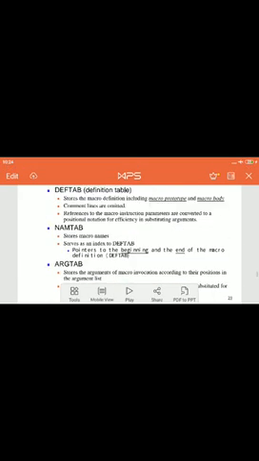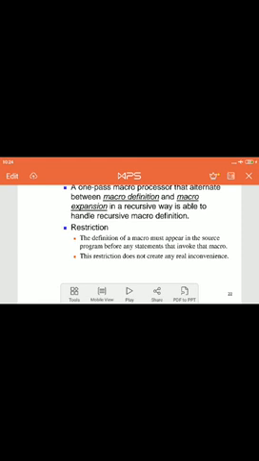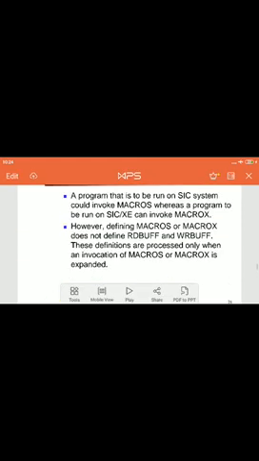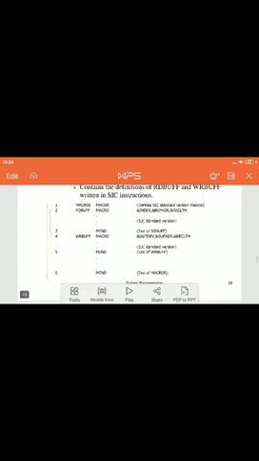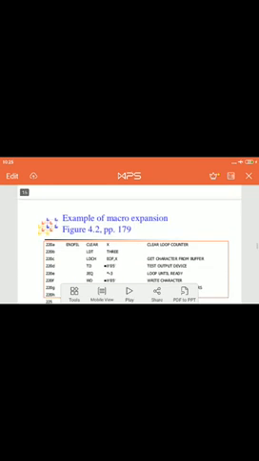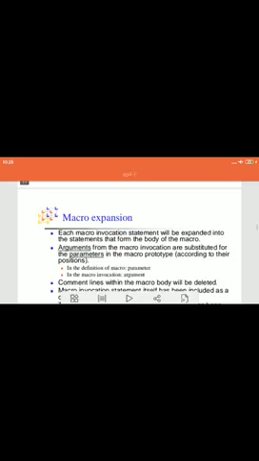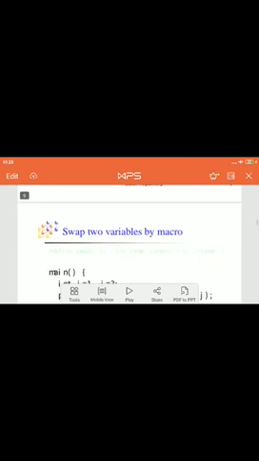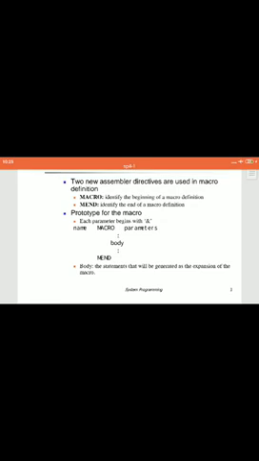I have just covered what a macro is. A macro is a group of instructions, and the one who processes it is called a macro processor. We use two assembler directives, MACRO and MEND, which help you define the macros.